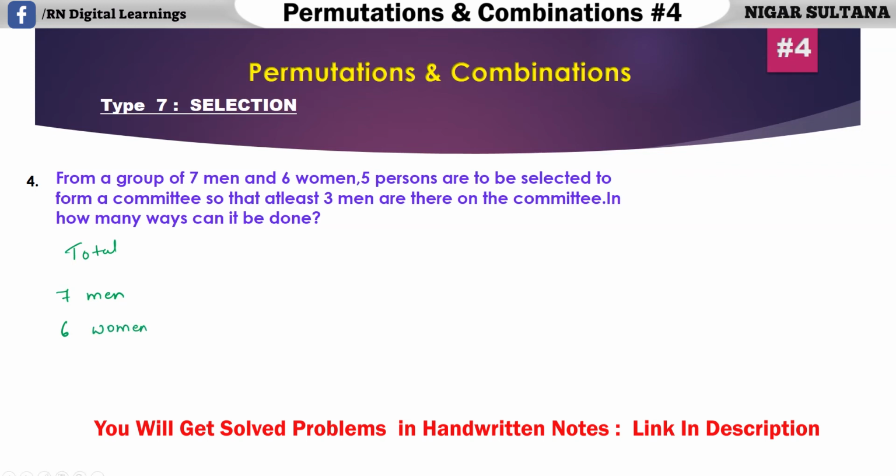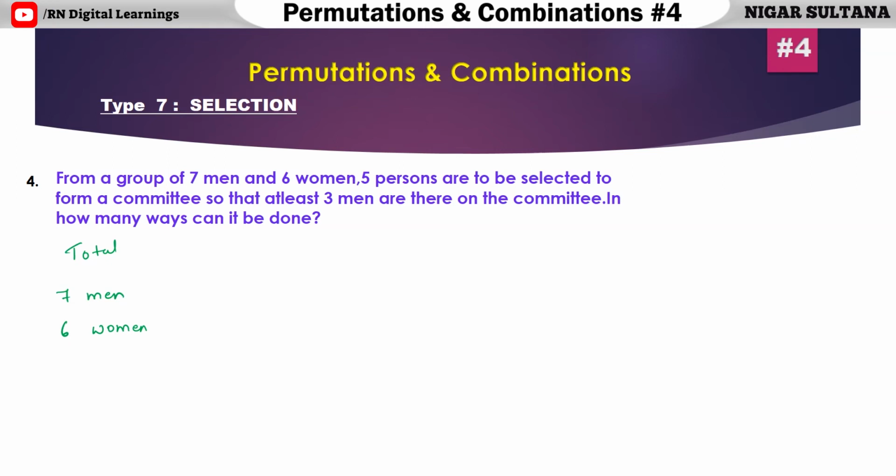Now there is a condition that for every formation there has to be at least 3 men. It can be 4 men, it can be 5, 6 or 7, but at least minimum there should be 3 men. Okay. Now how many have to be selected? 5 persons have to be selected.